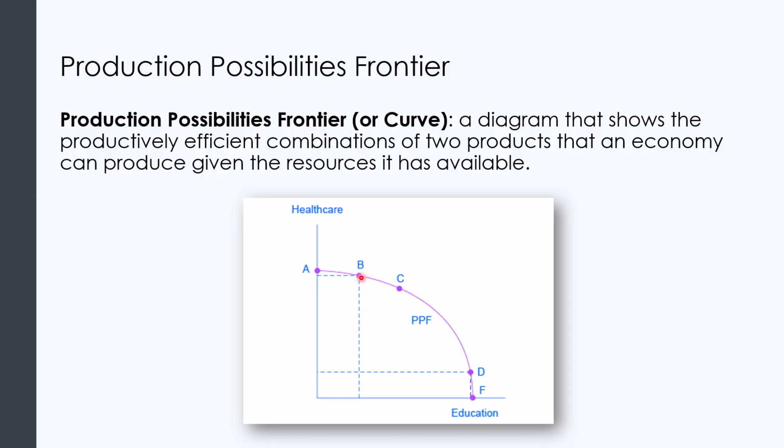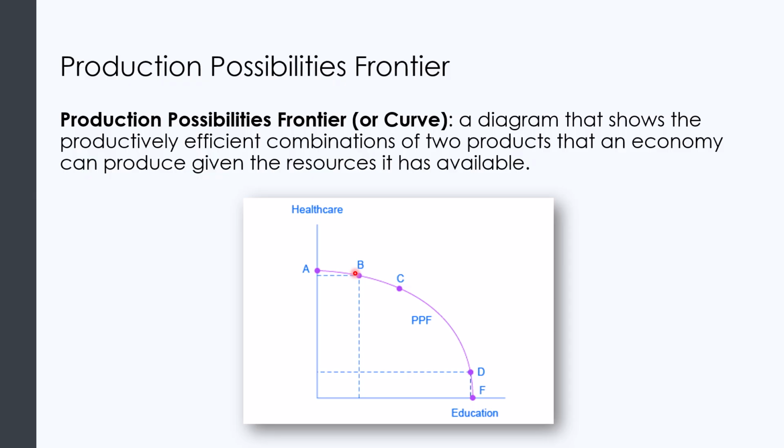So for example, at point B, if I was at point A and I want a little bit of education, right at the very beginning, I moved to point B, I can get a huge jump in education without having to give up too much of my healthcare options, right?